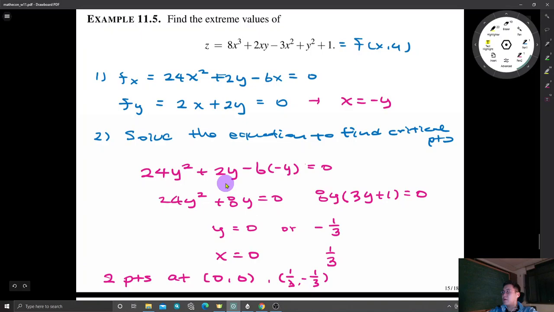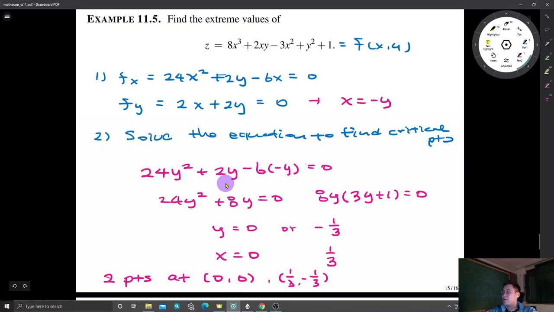Okay, so now we examine the second critical point. At the second critical point, 1/3 and negative 1/3. The original Hessian matrix was 38x minus 6. Okay, so now I can put in 1/3 for x here.